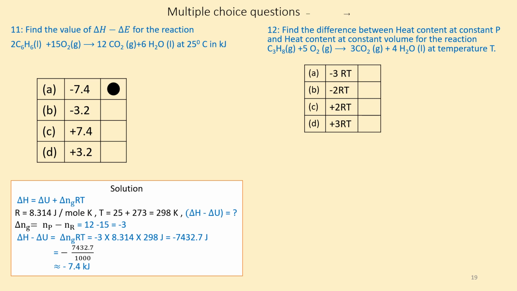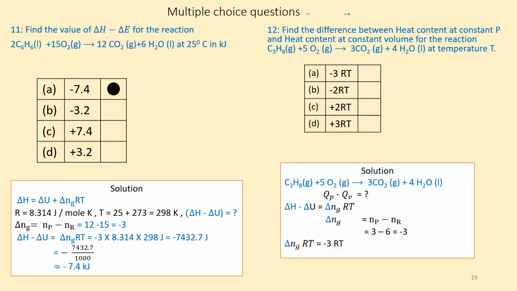Next question. Find the difference between heat content at constant pressure and heat content at constant volume for the reaction C3H8 gaseous plus 5O2 gaseous combined to form 3CO2 gas plus 4H2O liquid at temperature T. We have to mark the correct answer. Four options are given.